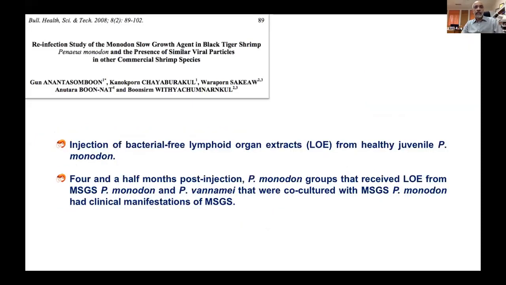Then they prepared a lymphoid organ extract, devoid of bacteria, and injected it into the shrimp. They reproduced the result and showed that bacteria may not be the cause; a filterable agent could be the cause of this.